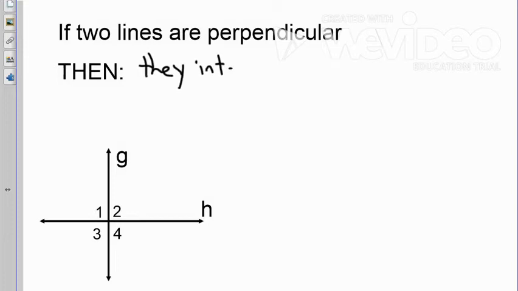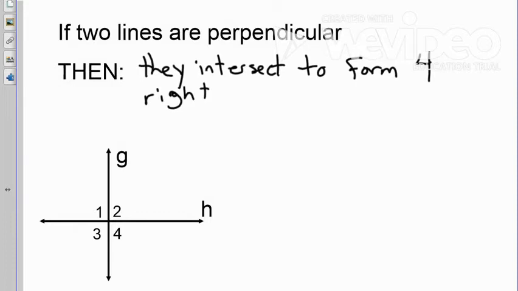So if we have two lines that we know are perpendicular, then all 4 of these must be perpendicular to each other and make right angles. So that means we would have 4 right angles, which would equal a sum of 360 degrees. Okay, so those are our 2 perpendicular theorems.